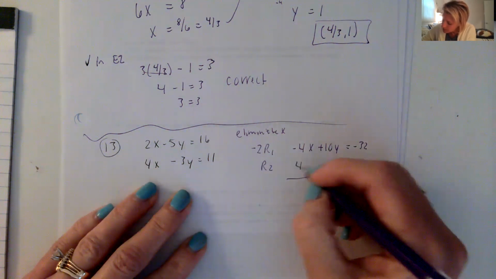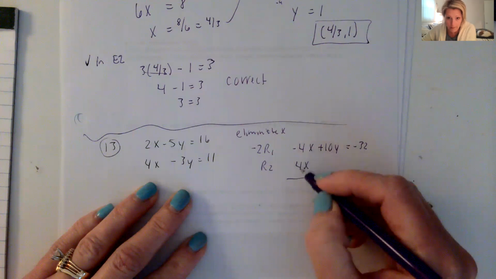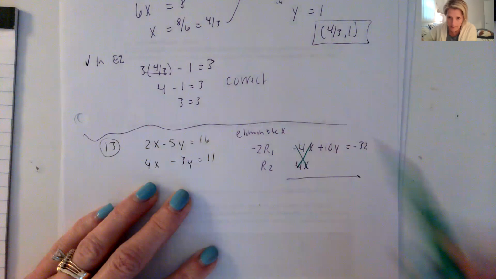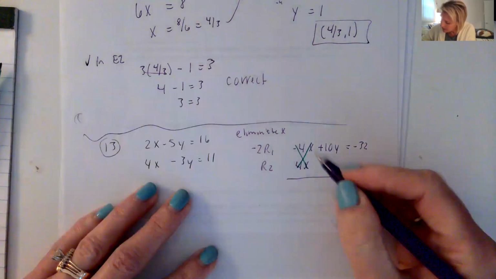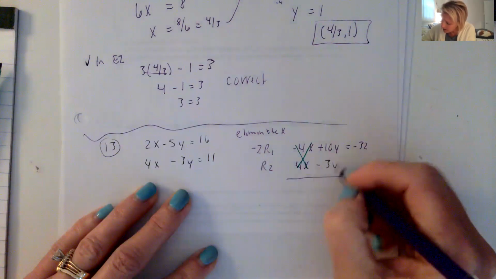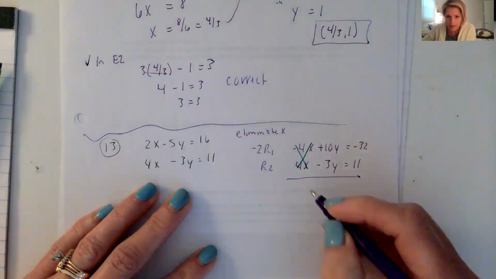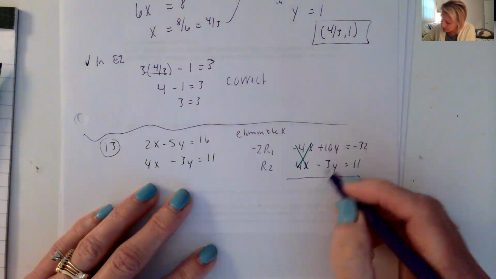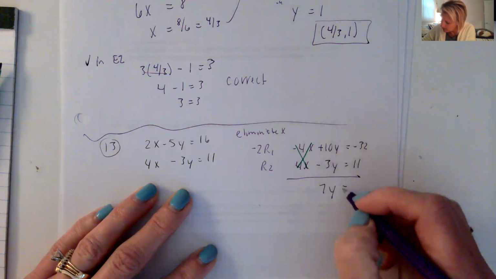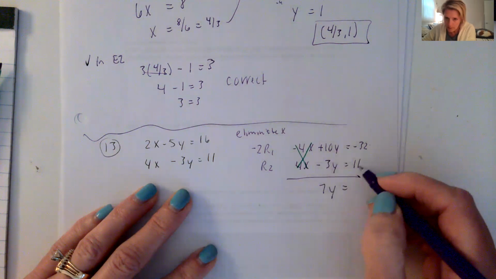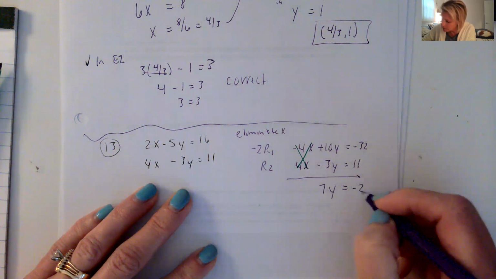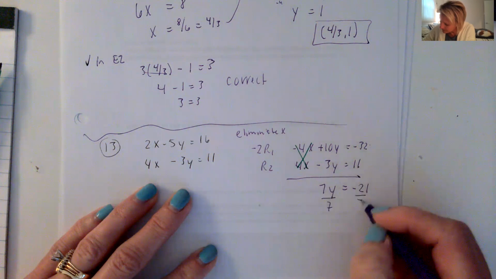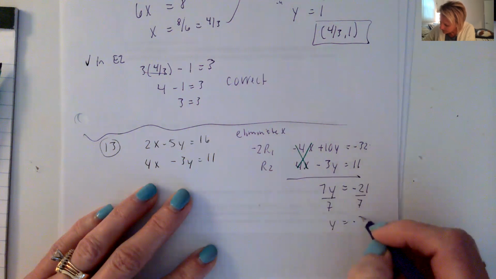I'm going to leave row 2 because row 2 already has a 4x, and so I know that that sets me up to eliminate my x's, just like I planned. And then I'm going to leave the -3y equals 11. Now I can add my 2 rows together just as is. 10 and -3 is 7y equals -32 plus 11 gives me -21. And then if I divide by 7, y equals -3.